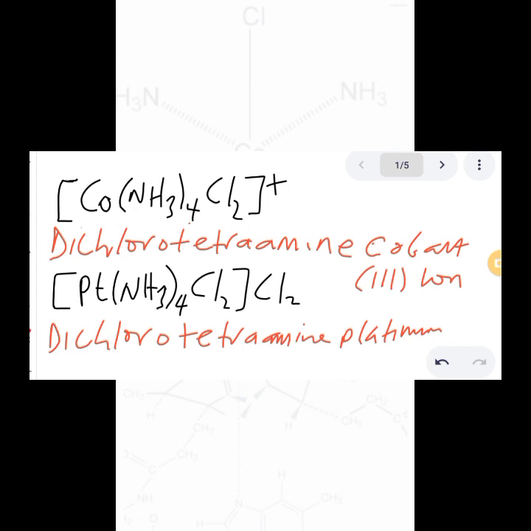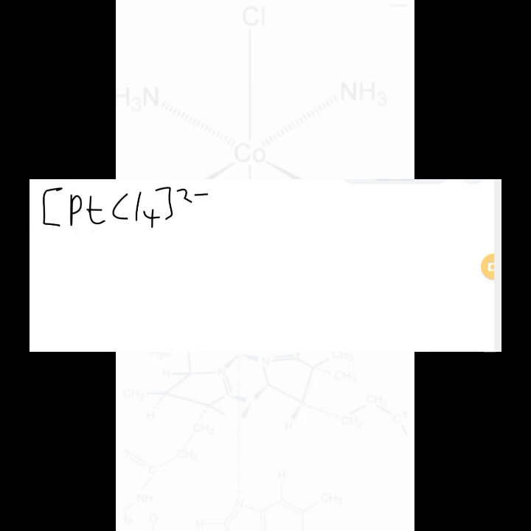So what's the oxidation number of platinum here? It will be 4, because you have -1 times 2, -1 times 2. So that will be what? -4. Platinum 4, chloride. This is an anionic complex, so the central metal name will end with ate.